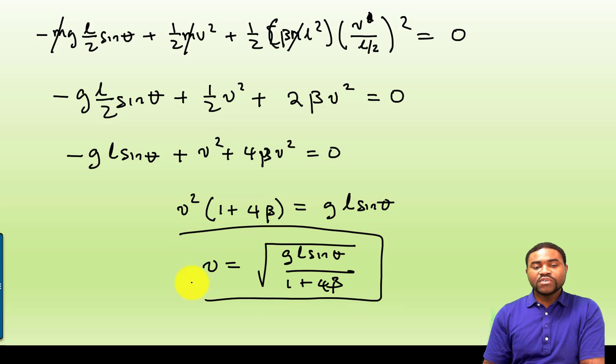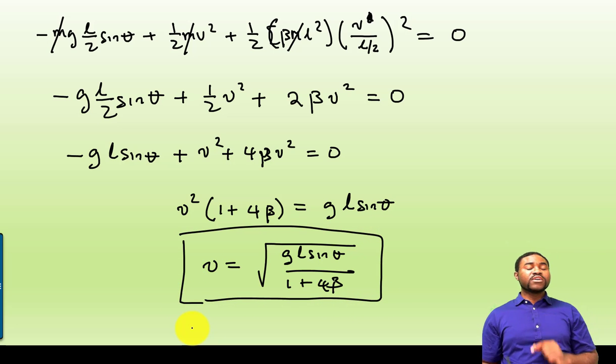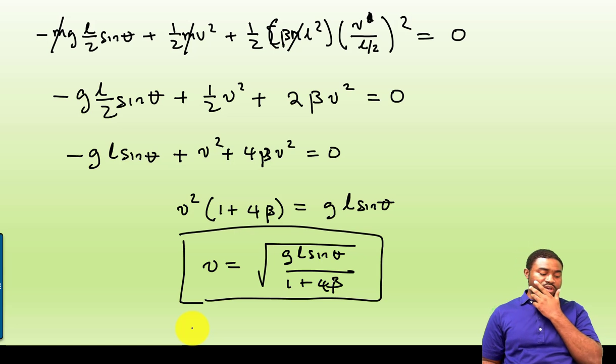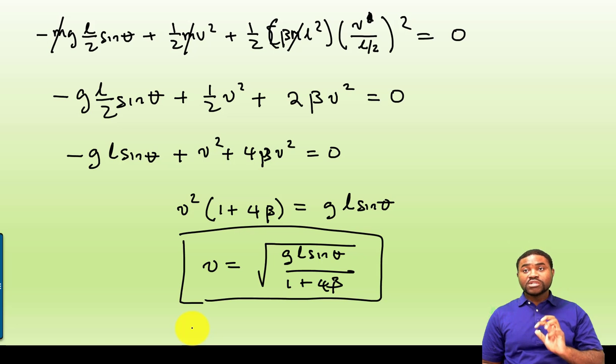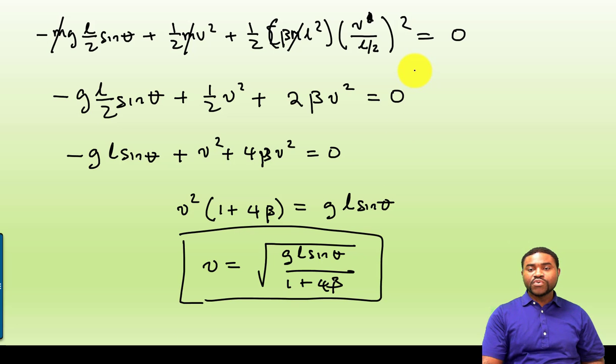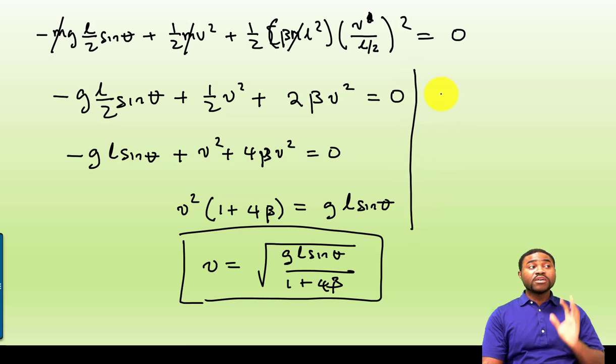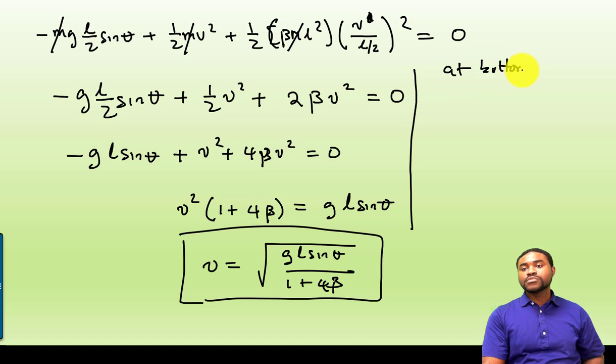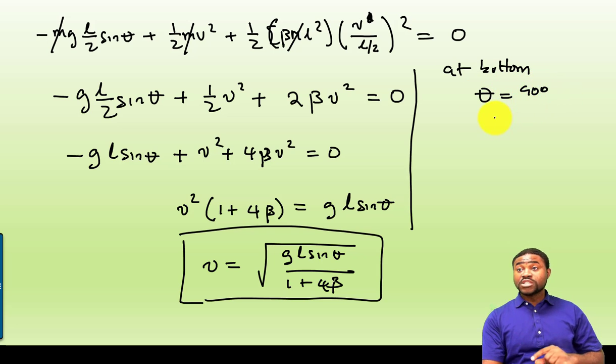Now this is the speed of the object at an angle theta. We have used the law of conservation of energy to arrive at this expression. We can also use Newton's third law to arrive at the same expression. But one thing I want to show you before I do that is that at the bottom, theta is equal to 90 degrees, and the sine of 90 degrees is 1.